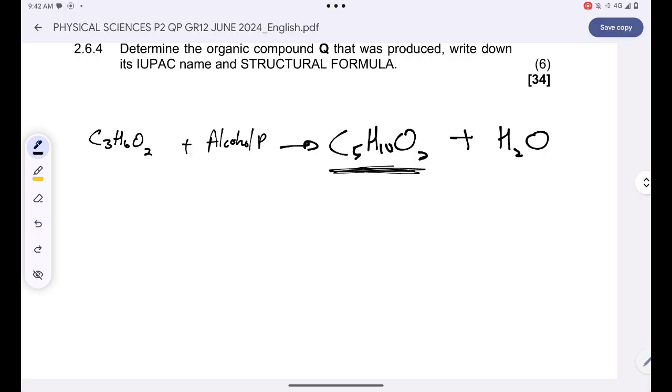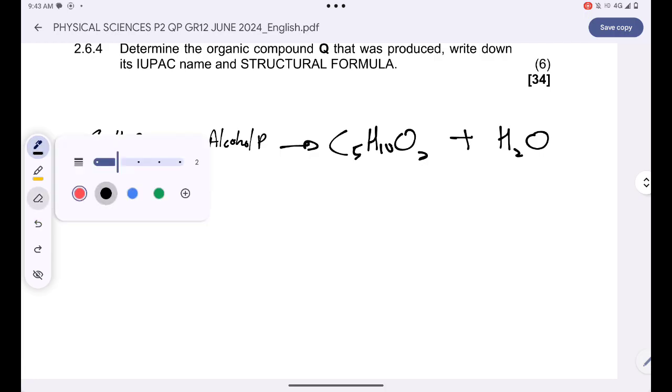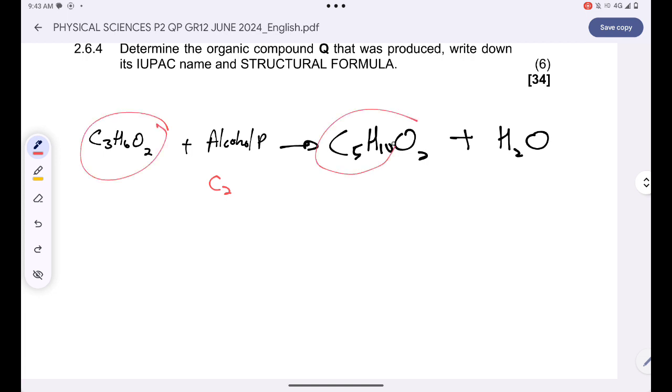For us to write down the IUPAC name of this compound, we must know the alcohol first. Since my carboxylic acid had 3 carbons, it simply means that my alcohol had 2 carbons, because the number of carbons which appear here should be the same as the number of carbons there. Hydrogens should be balanced as well.